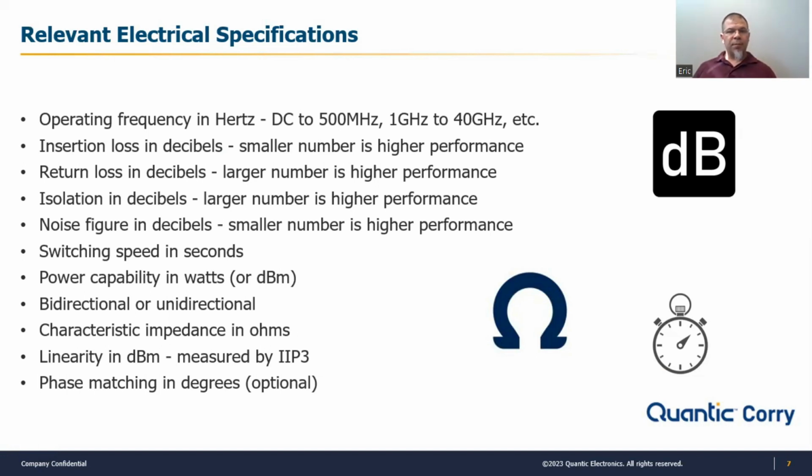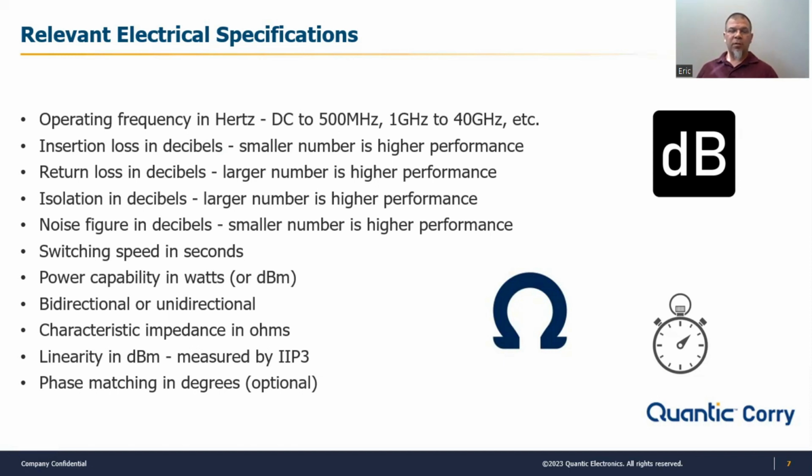And then the switching speed. So how fast are you going to need to be able to switch the configuration of your switch matrix from, say, switching input 1 between output 1 and output 2? How fast does that need to happen? And then the power capability, also very important.